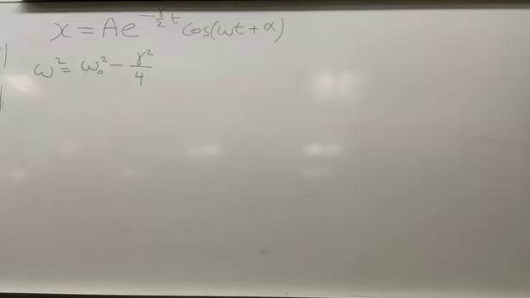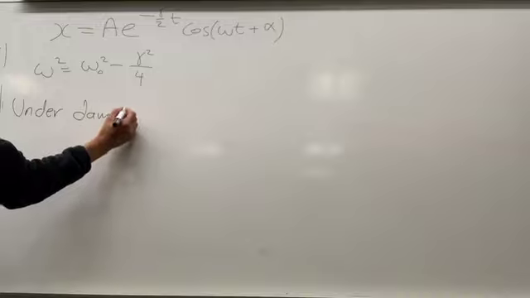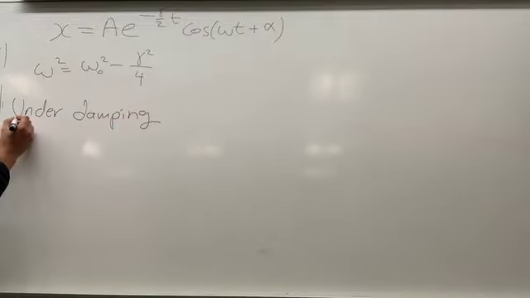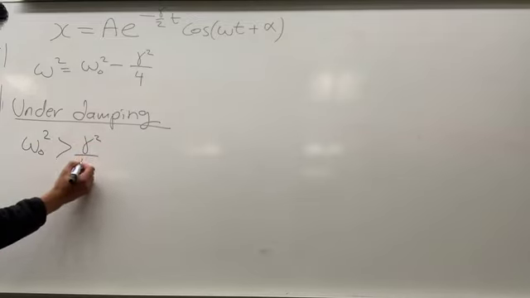Now, if we have underdamping, we're looking at the case where omega 0 squared is larger than gamma squared over 4.